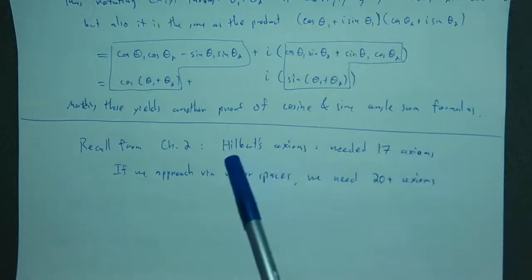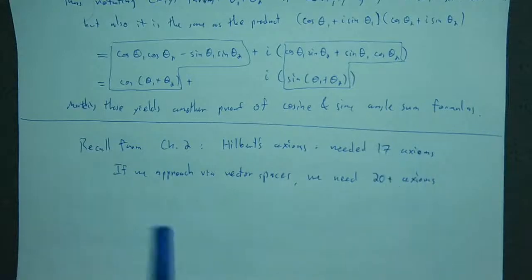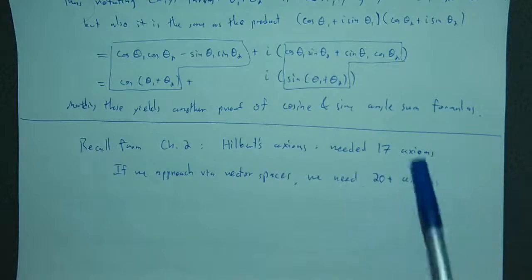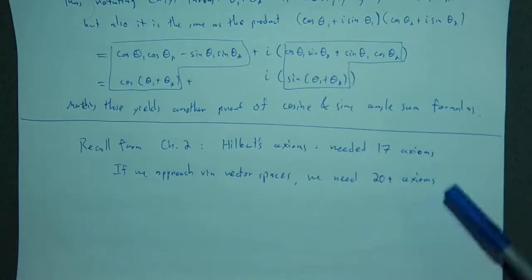Whereas the Hilbert's axioms for geometry that we saw at the end of chapter 2 were mostly only useful specifically in geometry. And so these 20 plus axioms in some way are more convenient than this list of 17, but still it's a lot of axioms. Either way you go, there's a lot of axioms that are assumed here.